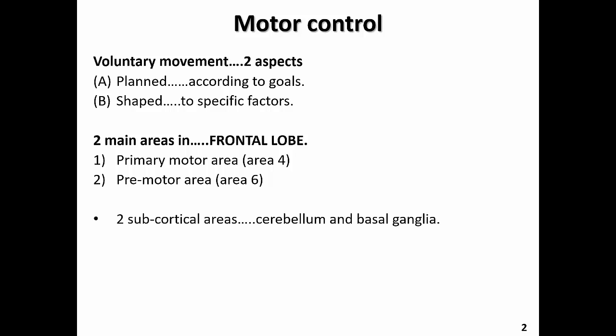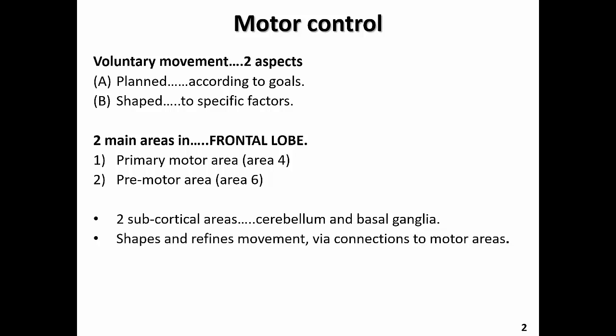There are also two subcortical areas, and in this unit, we'll focus on the cerebellum, that are involved in the fine-tuning of executed intentions to create movement. And so these subcortical areas are involved in shaping and refining that movement, and they do so by having extensions and projections to these motor areas.